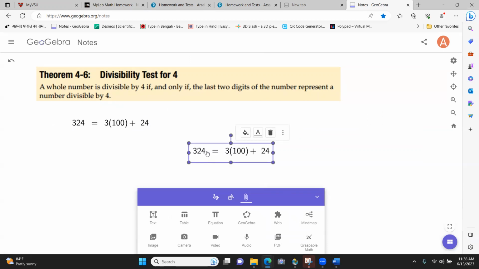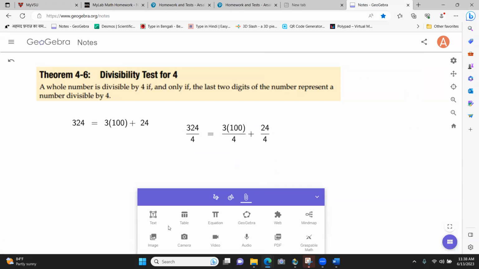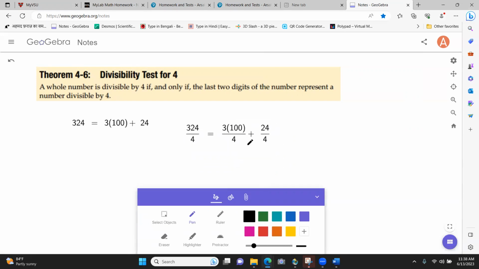Now, I want to divide both sides by 4 because I'm doing that divisibility test, the divisibility test for 4. Okay, so I'm going to divide this left-hand side by 4 and the right-hand side by 4. Yeah, that's how you do it, right? That's how you would divide. Now, I really don't have to worry about this part.